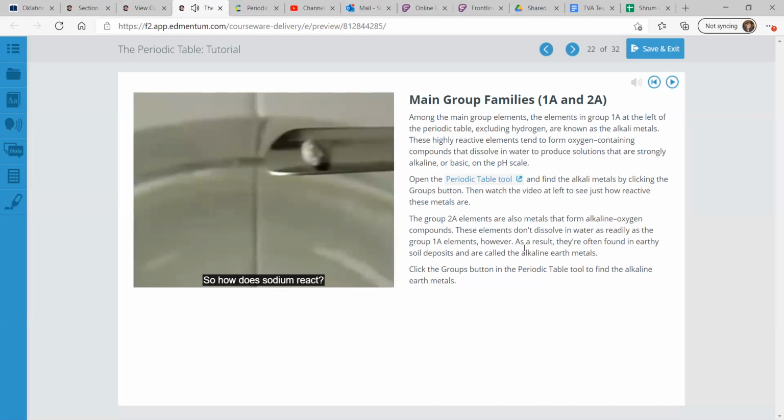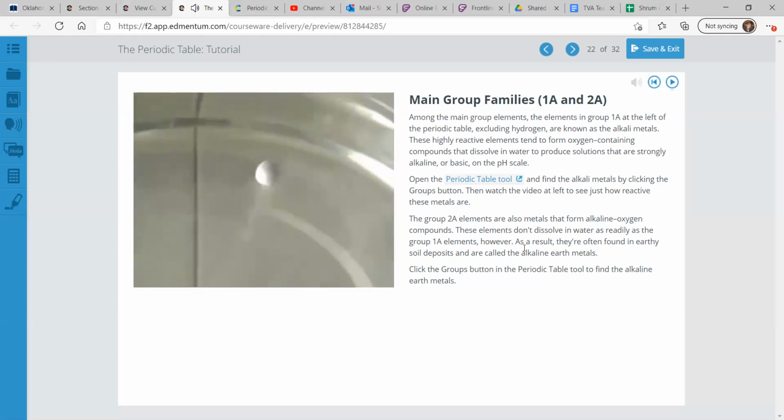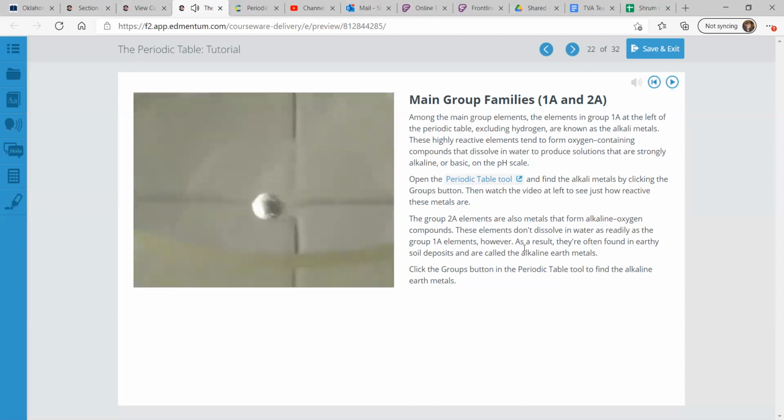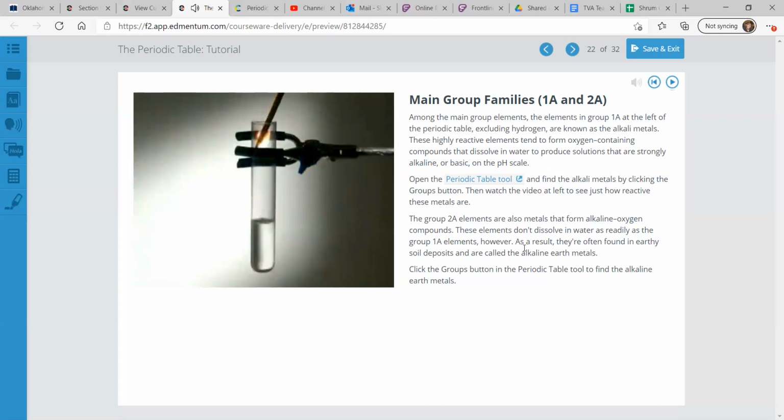So how does sodium react? Again, it floats on the water and fizzes. The gas produced is hydrogen.